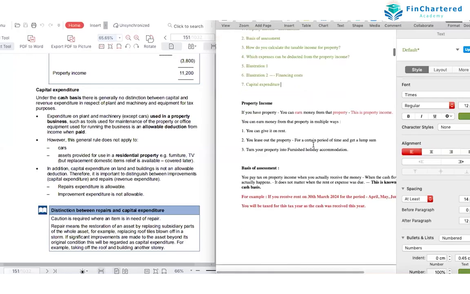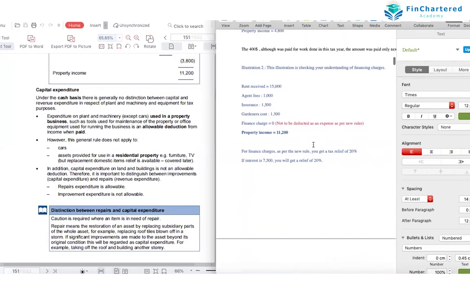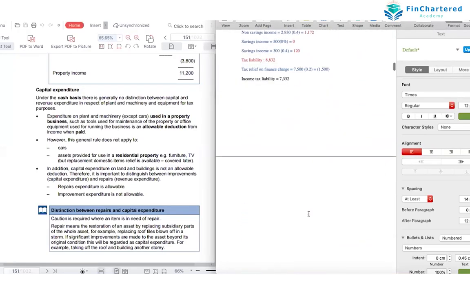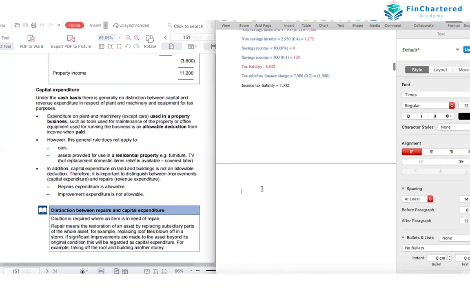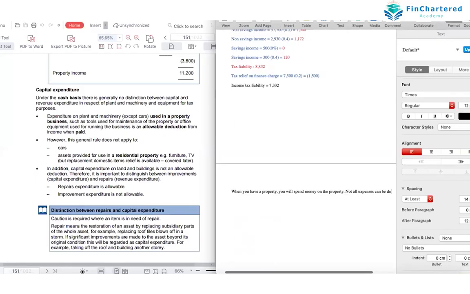So this topic simply says when you have property, you will spend money on the property. Yes. But again, we've seen that we deduct expenses from the taxable income, right? Not all expenses can be deducted from the income.